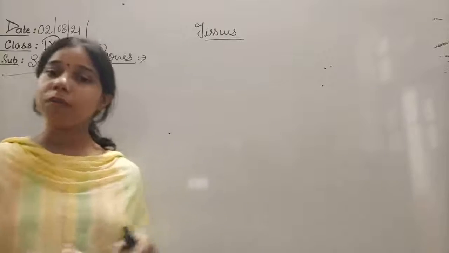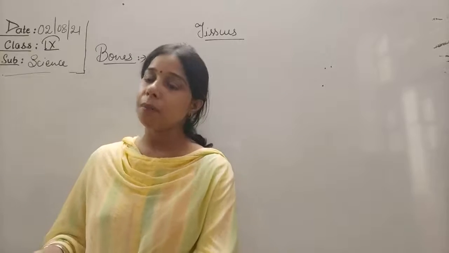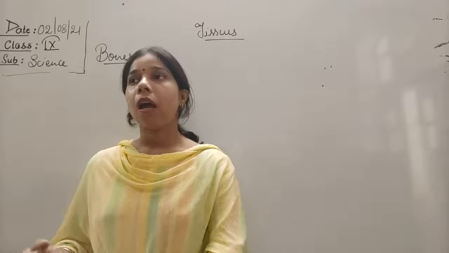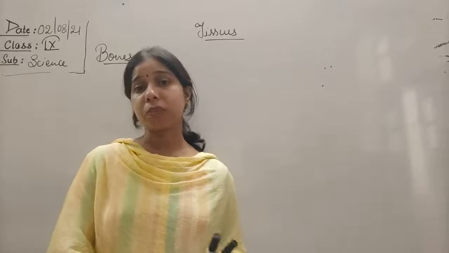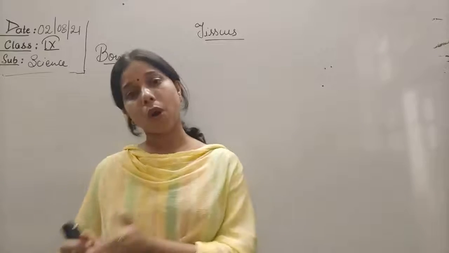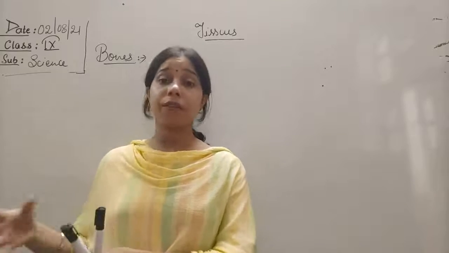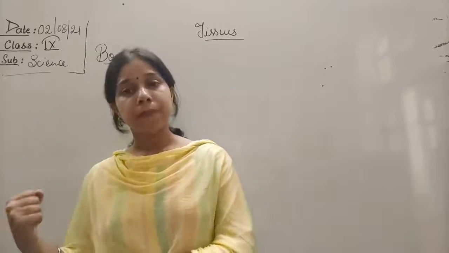So small bones are solid, while long bones consist of a marrow cavity. Now the matrix present inside the bone can be inorganic or organic. The inorganic part is filled with phosphate salt or other inorganic salts.